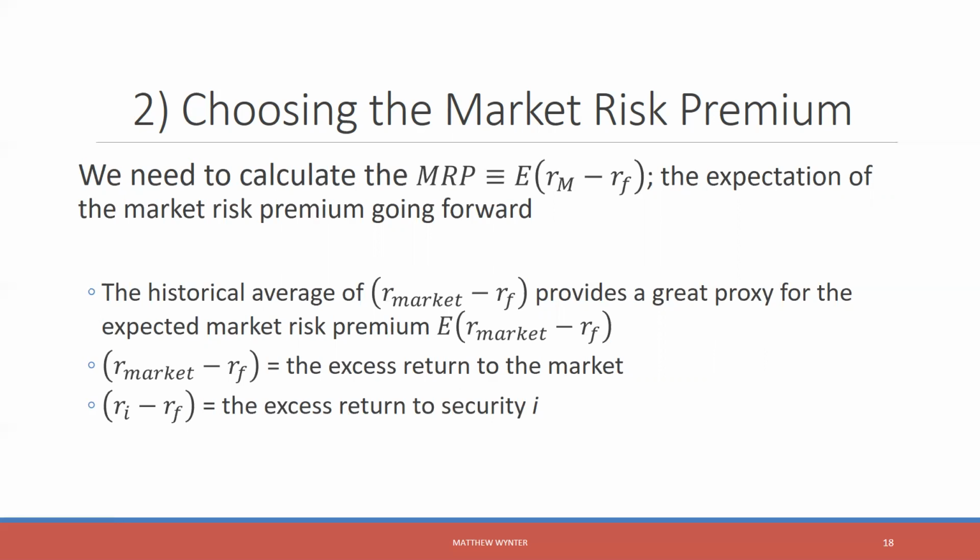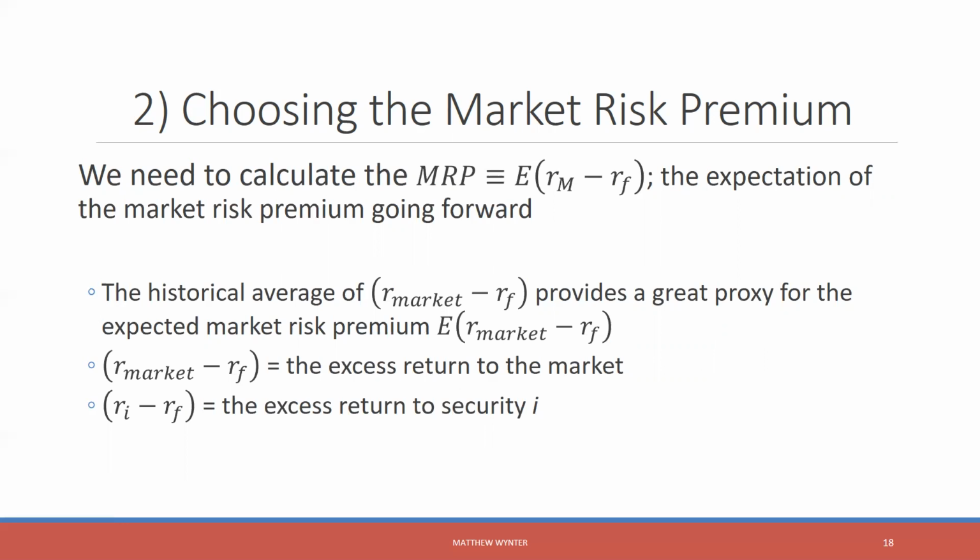There are two pieces of language that I want to introduce to you, if you're not familiar with them, that again are bread and butter when we're talking about portfolio choice and how we expect markets to perform. Those terms are excess returns. So we have the excess return for the market, which is also the market risk premium. I know it's a lot of terminology, but this is the language that we use when we discuss this type of investment activity.